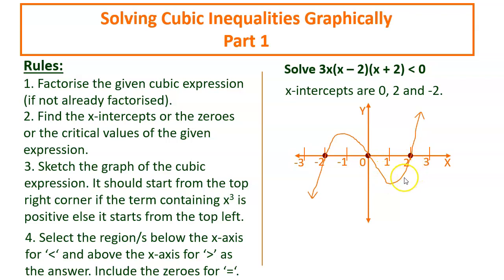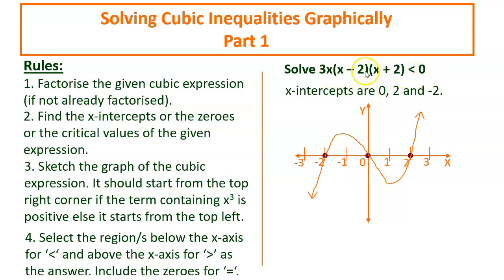And this is the region which contains all x values between 0 and +2. So these are the two regions where we are seeing the function is below the x-axis. Hence, it will be less than 0.